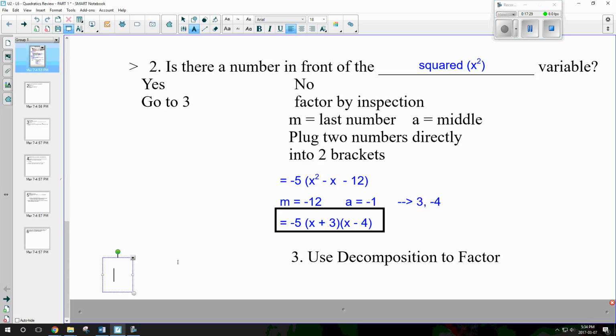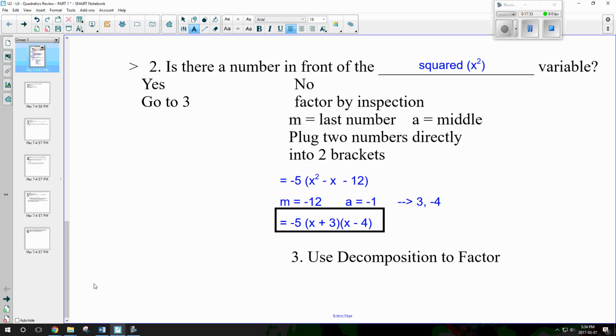So let's take another example here, since our last example was one that we used inspection. This time we're going to factor 2x squared minus 5x minus 12.